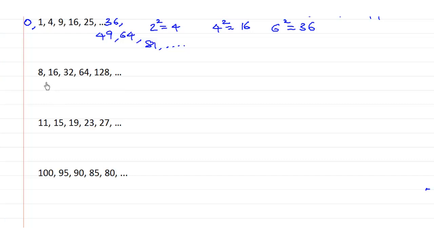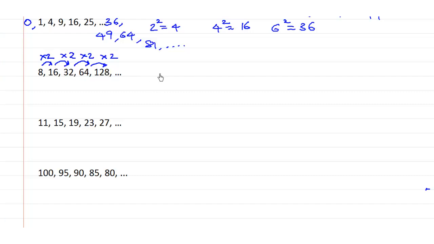As you can see, the first number is 8. The next number is the double of 8. So if you multiply by 2, you get 16. Then if you multiply 16 by 2 again, we get 32. If you multiply 32 by 2 again, we get 64. So the next numbers are 2 times the previous number.